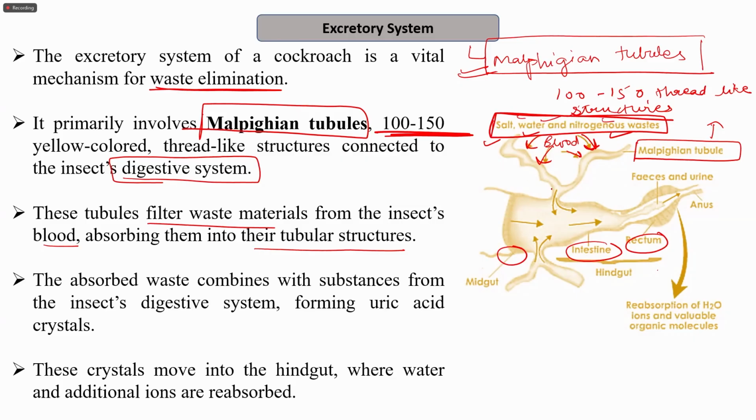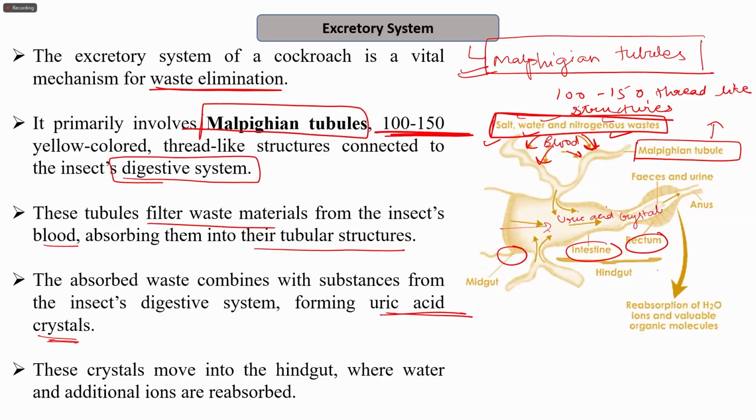The absorbed waste then comes in contact with the substances from the insect's digestive system, ultimately leading to the formation of uric acid crystals.